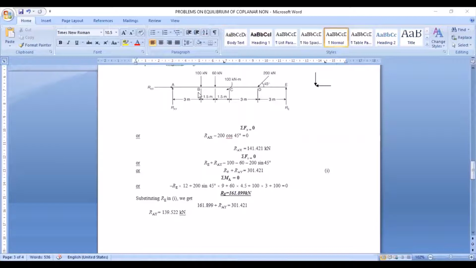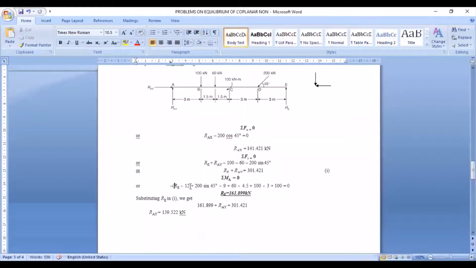So totally you have 8 forces acting on the beam. But we are taking A as the moment center, and amongst the 8 we shall see how many forces have a line of action passing through point A. So we have RAY which passes through point A, RAX which passes through point A, and similarly the horizontal component of 200 kilonewton which passes through point A. So we have 3 forces which pass through point A, and therefore we are going to have only 5 components in the moment equation.